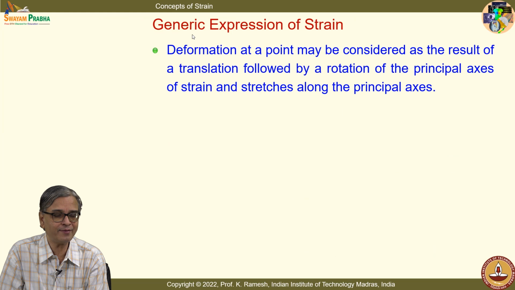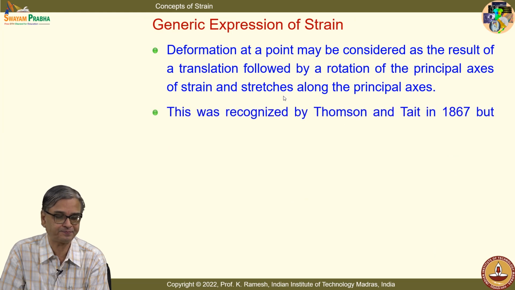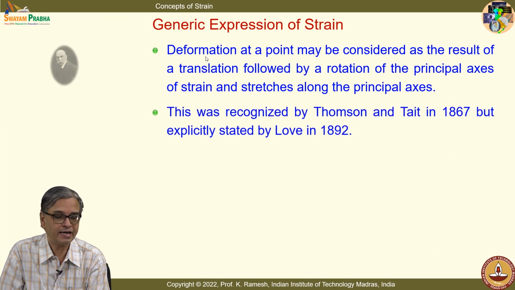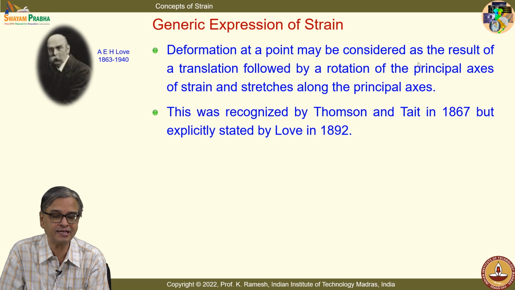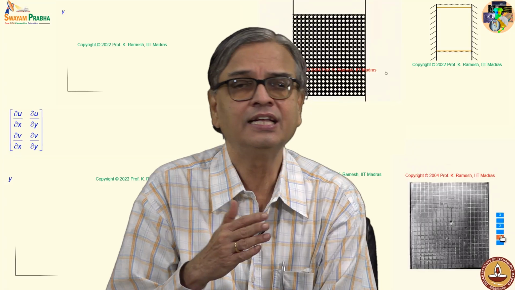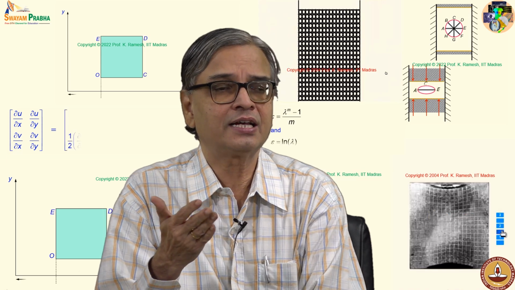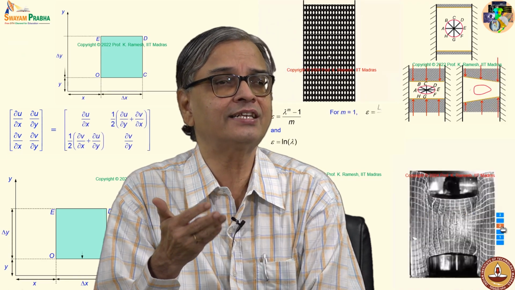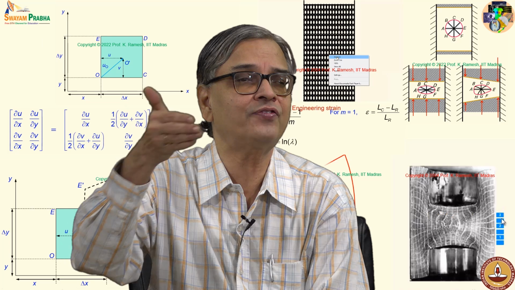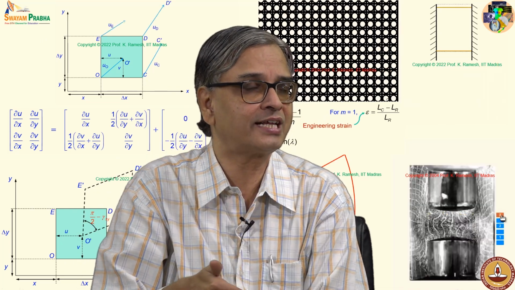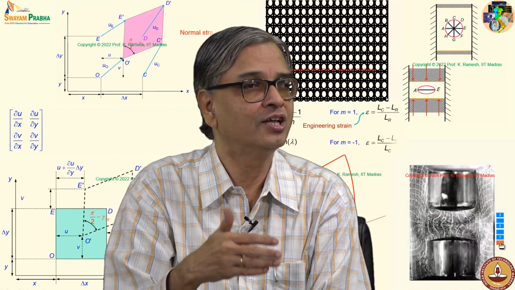And you also have a generic expression of strain. Deformation at a point may be considered as a result of a translation followed by a rotation of the principal axis of strain and stretches along the principal axis. See, when we took a state of stress at a point, I said you can have multiple avatars of state of stress. It can be expressed in different ways.